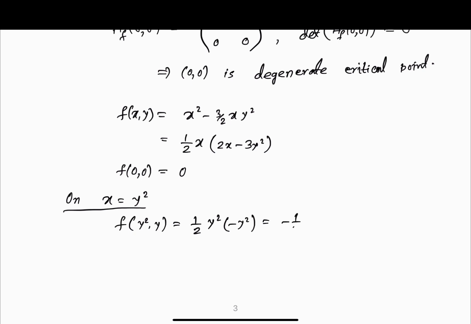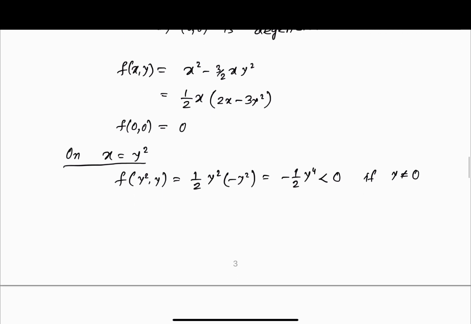So this is basically −(1/2)y⁴, which is strictly less than 0 if y is not 0, right? So in a neighborhood of (0, 0), along this curve x = y², if y is very close to 0, this function is less than 0, right? And you can easily check that if you take the curve x = 2y², then what will happen?